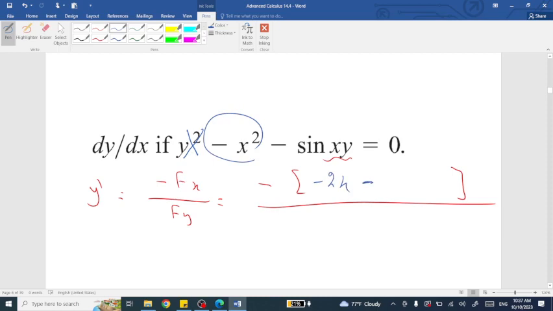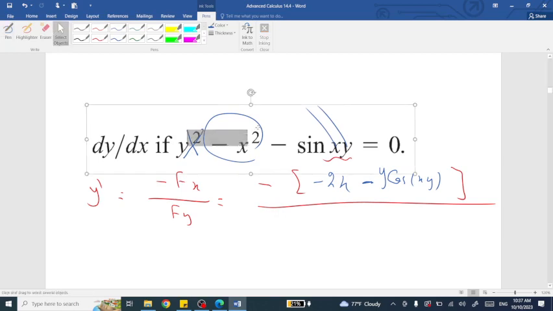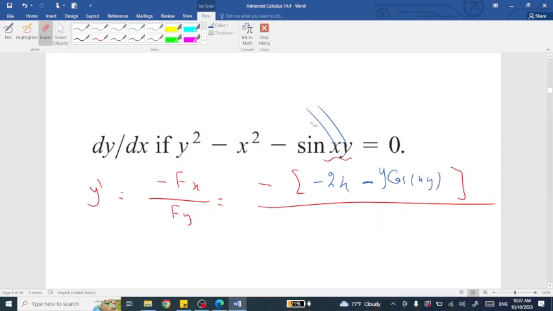Minus derivative of sine, cosine xy. Derivative of the angle, y is number. Derivative by x, only y. Am I right? Clear? Good. Now the same function for the denominator by y. Yalla.